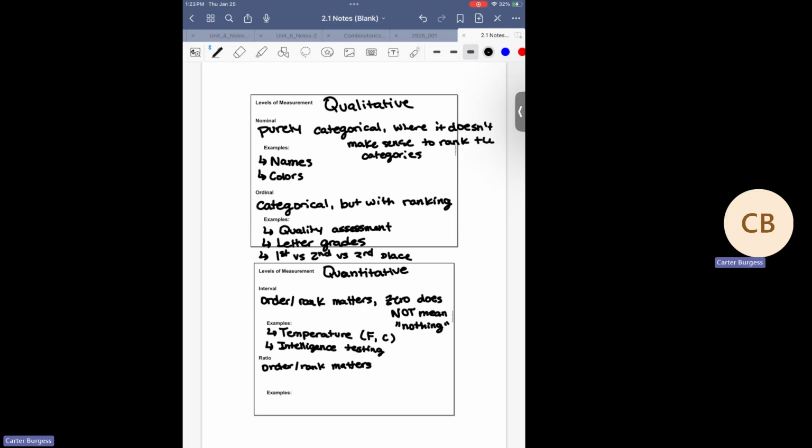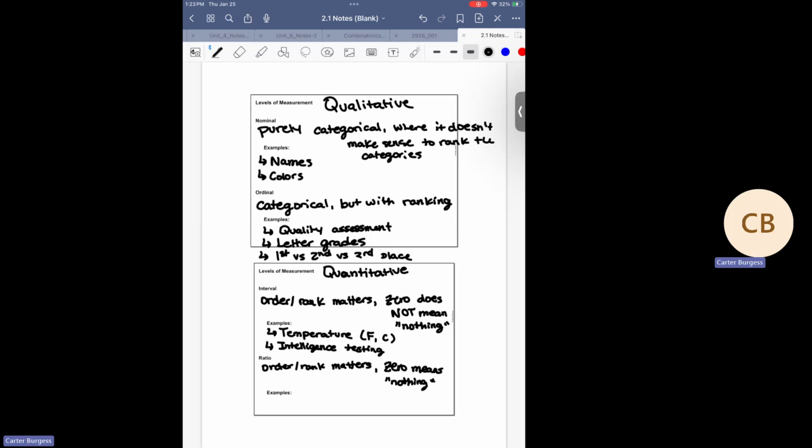On the flip side, ratio is where 0 means literally that we have nothing. For instance, if I count the sweatshirts and I see that there are 0 sweatshirts, that doesn't mean anything silly or arbitrary.